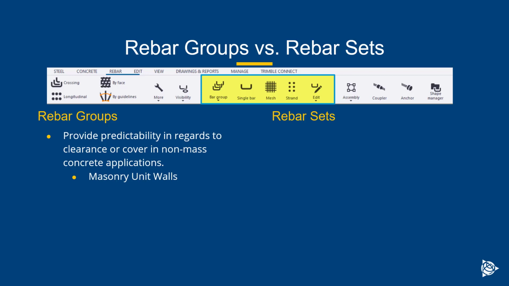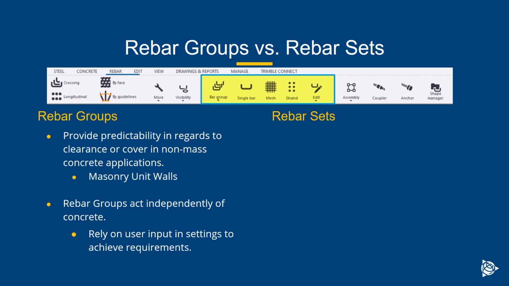A great example of this is masonry walls, or if you have to build a separate element or cage within an overall shape of concrete. They more or less act dependently from our concrete, right? And they rely on us inputting the correct values in the properties pane to control clear cover, shortening, extensions, hooks, that sort of thing. It's a very direct, almost stick build kind of mentality.